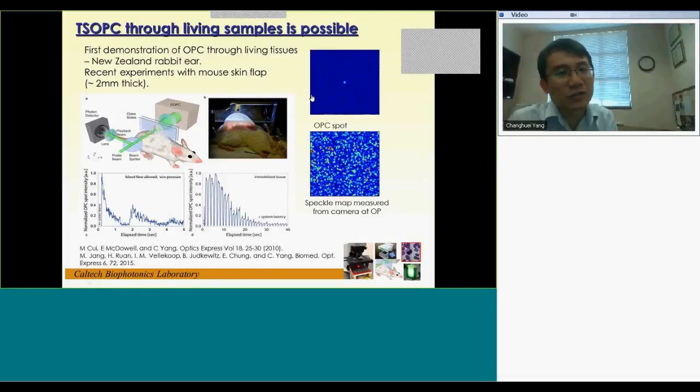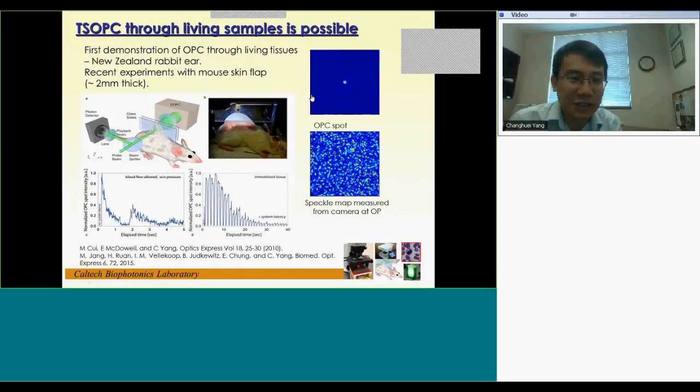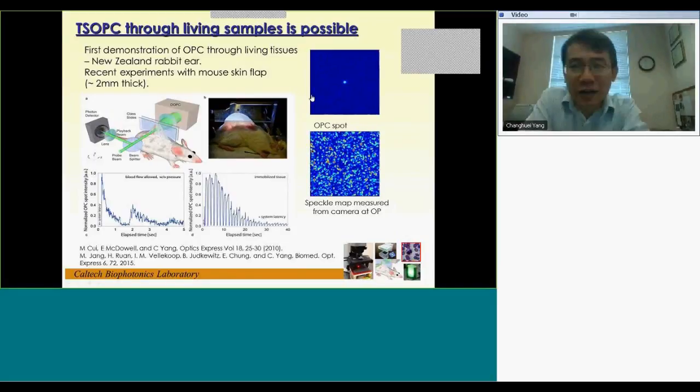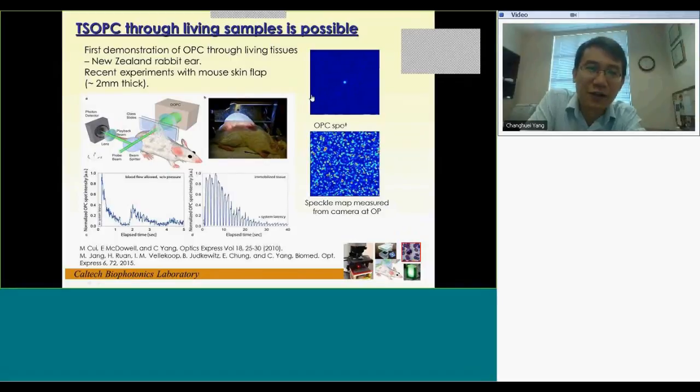This really tackles scattering in a way that directly addresses the issue at hand, rather than trying to go around it. And there are methods currently in development that make use of this for other applications. For example, you can use this to do microscopy in a way that makes use of the scattering to improve your resolution. So again, I think that is an area that is interesting and worth looking into.